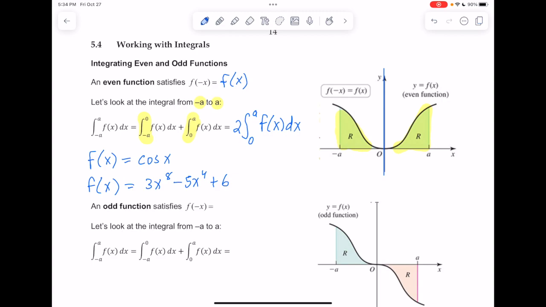So a constant term is considered even. So notice we've got the even exponents there, the 8 and the 4. And then the 6 is considered a 0-degree term because it's a constant. It doesn't matter that you have odd coefficients. It's about the exponents. And again, a constant term is like 6 times x to the 0, so that's considered an even term. So both of those are examples of even functions.